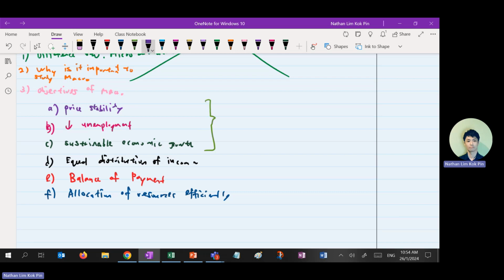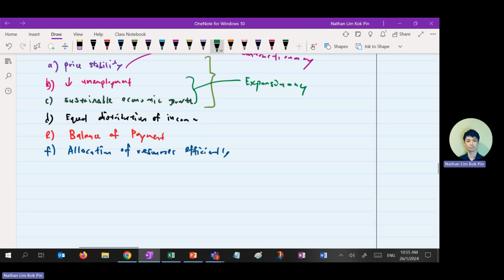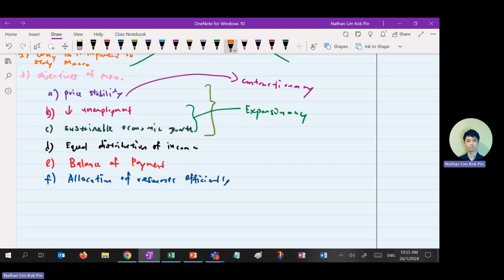Out of these 3, for one of them they normally use contractionary policies. For the other 2, they use expansionary. Contractionary policies have 2 ways.